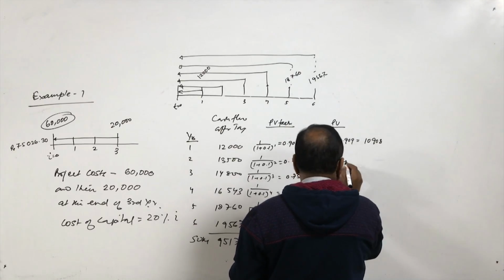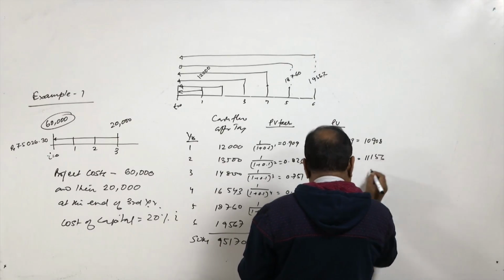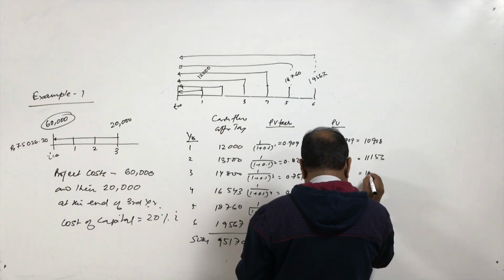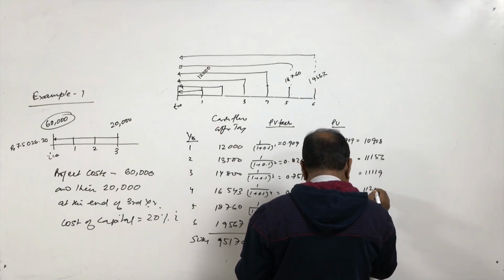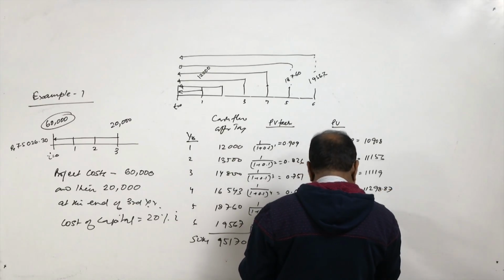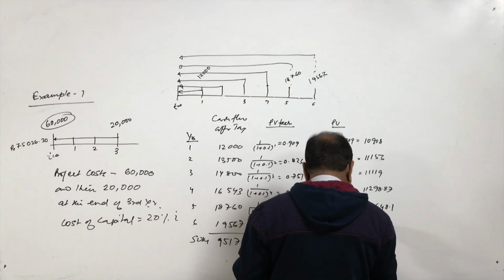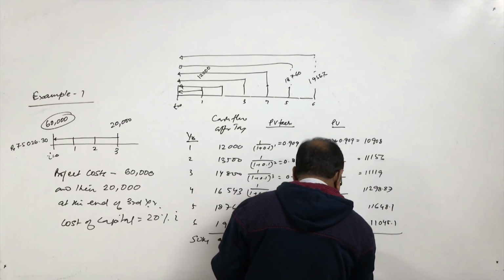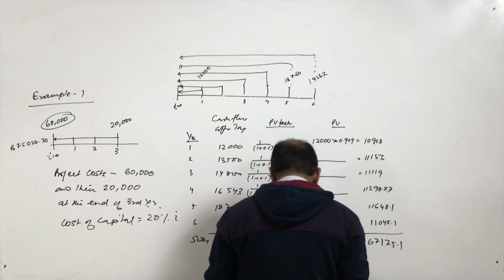Similarly, if I do this, this comes 11,156, this comes 11,119, this comes 11,298.87, this comes 11,648.1, this comes 11,045.1, and if I add them together, the sum is 67,175.1.